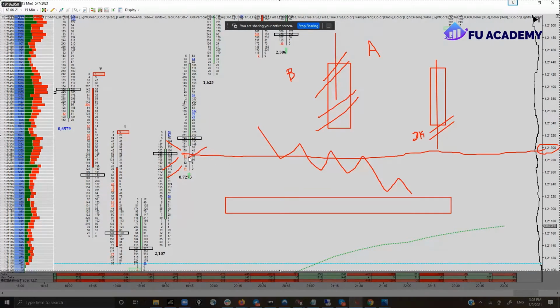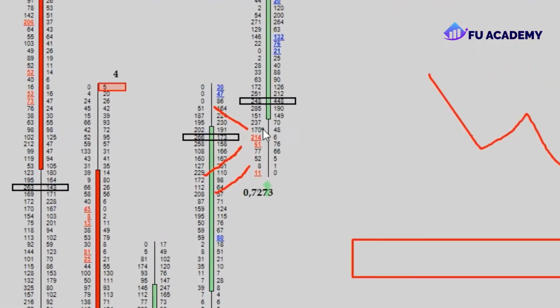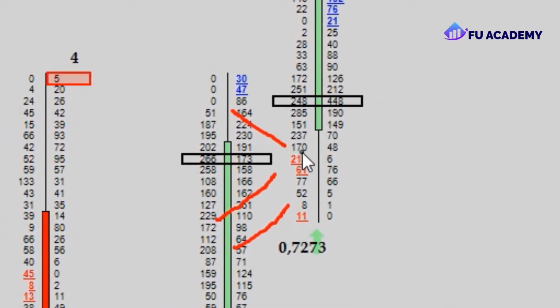One more big sell, 61 sell contracts, came at this price level, again maybe 1 or 2 pips below. So we have 214 sell contracts, 61 sell contracts, those big sell orders are coming into the market because sellers are selling hard.